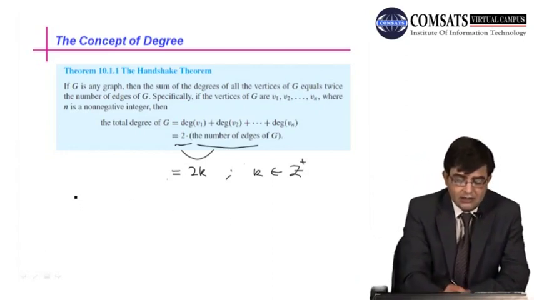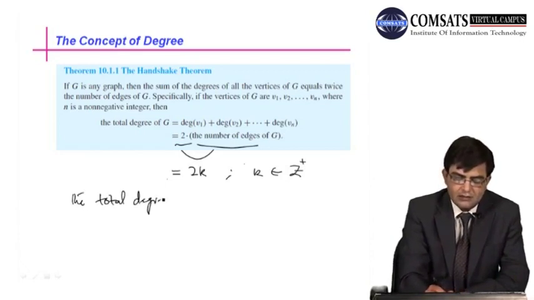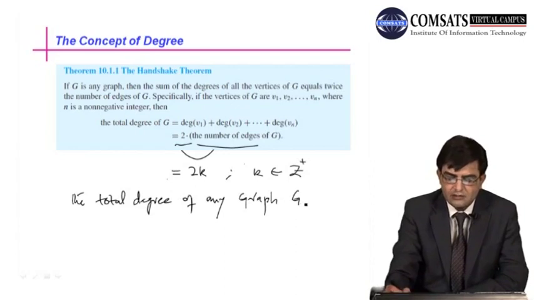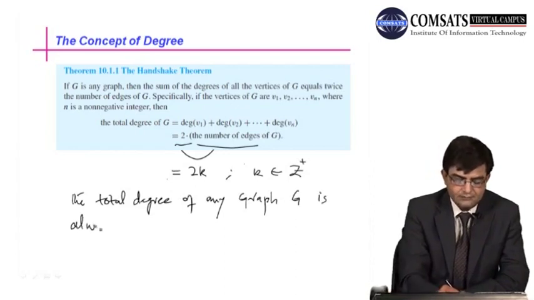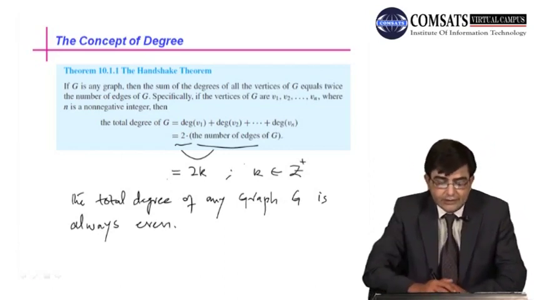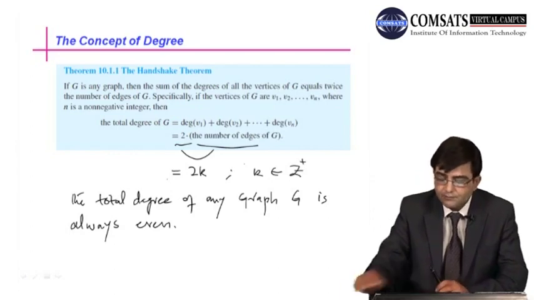That is, the total degree of any graph G is always even. So this is another conclusion we can draw from this theorem.